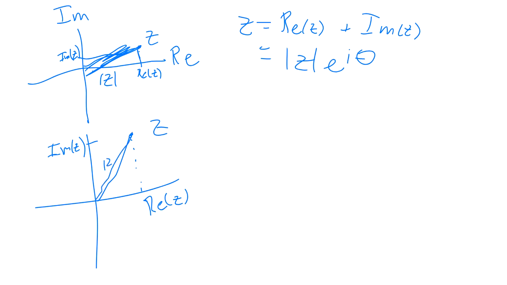There's my z. Who drew it better? There's my modulus of z, and we can say that right there, that's the phase. And so this is the polar coordinate way to denote it. So modulus and phase, or real and imaginary. Better? Okay.